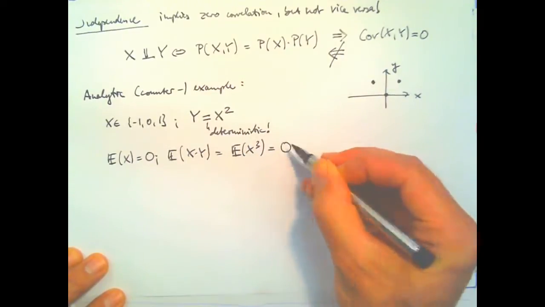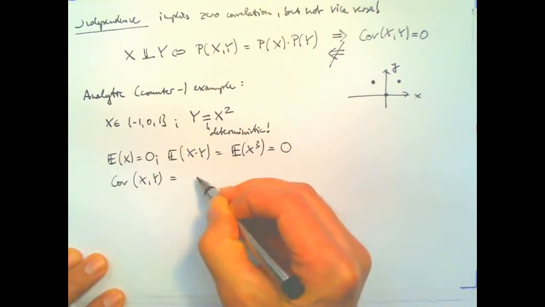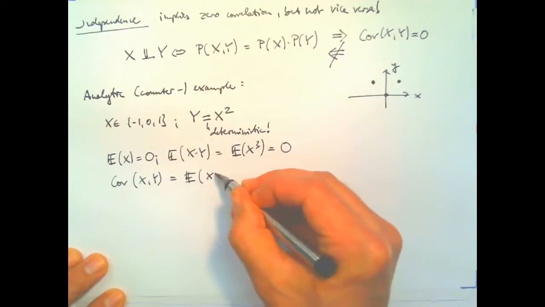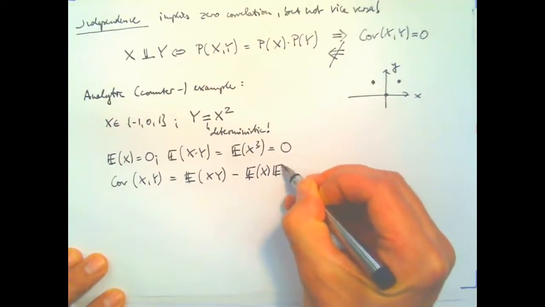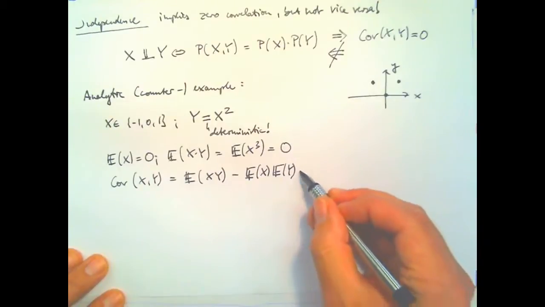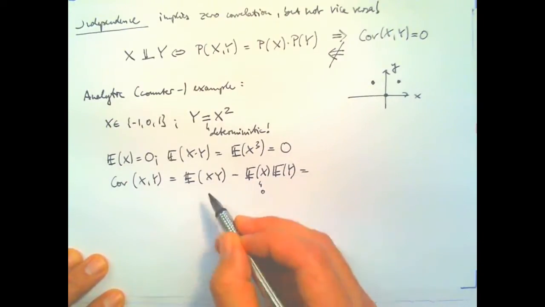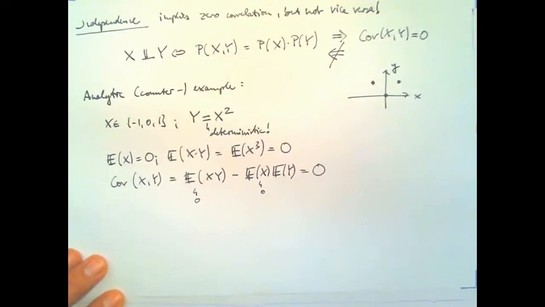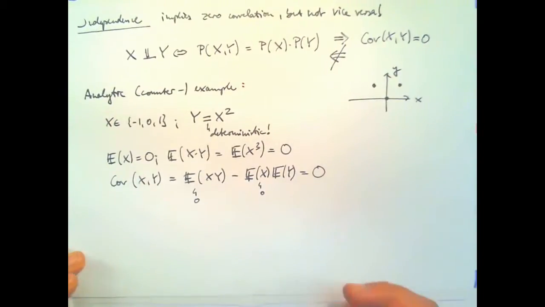And the covariance, by this formula that we saw on the first slide, can be computed as follows. The expectation of y is not 0, but the expectation of x is 0. And this term here is 0 by the previous line. So overall, we get a covariance of 0, even though we have this deterministic dependence between the two random variables.